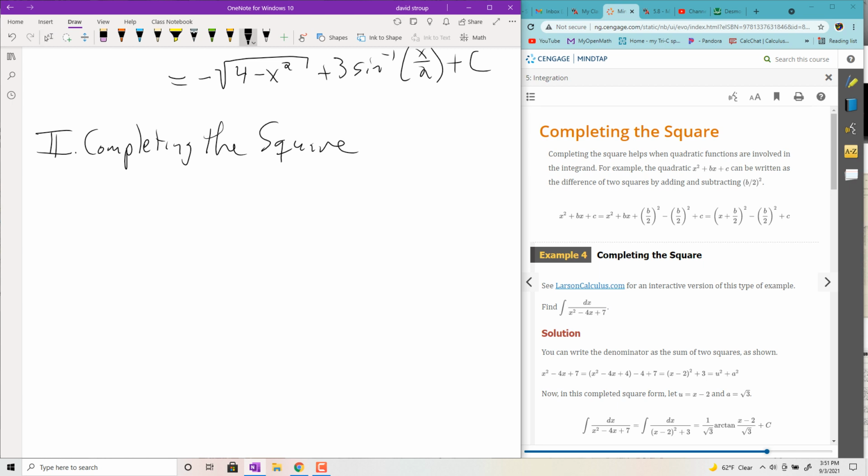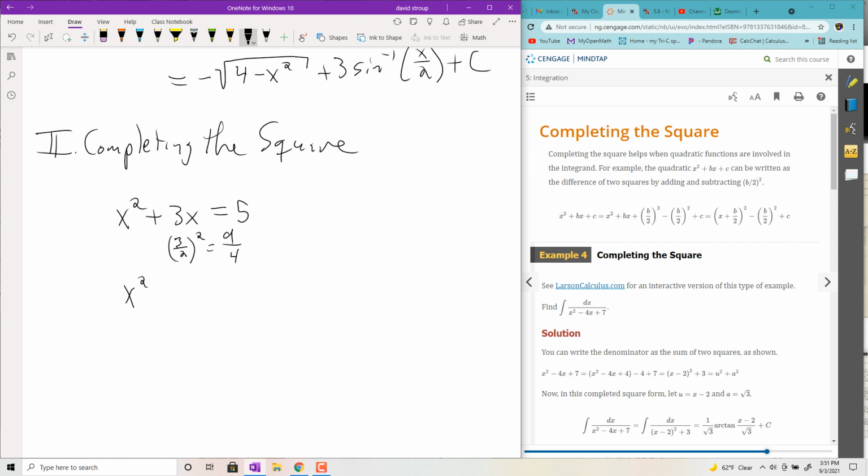So just a reminder, if you have something like x squared plus 3x, the way you would see it back in algebra, maybe equals 5. In order to complete the square, you have to add in the b value all over 2 squared. So in this case, it would be 3 all over 2 squared, which is 9/4.